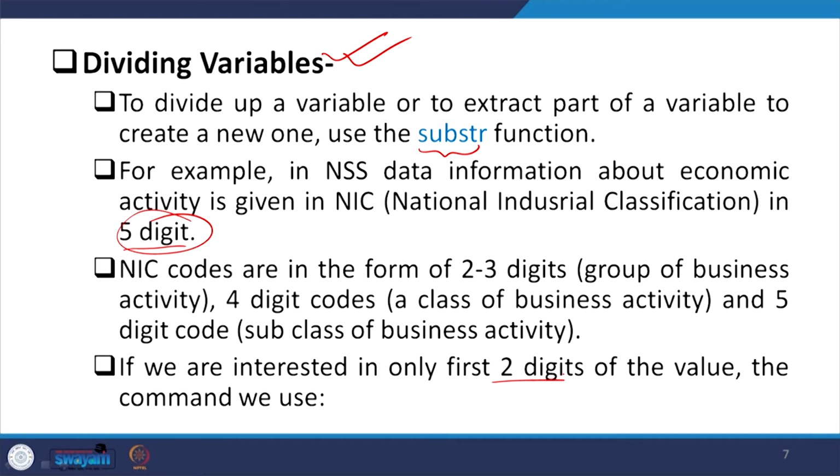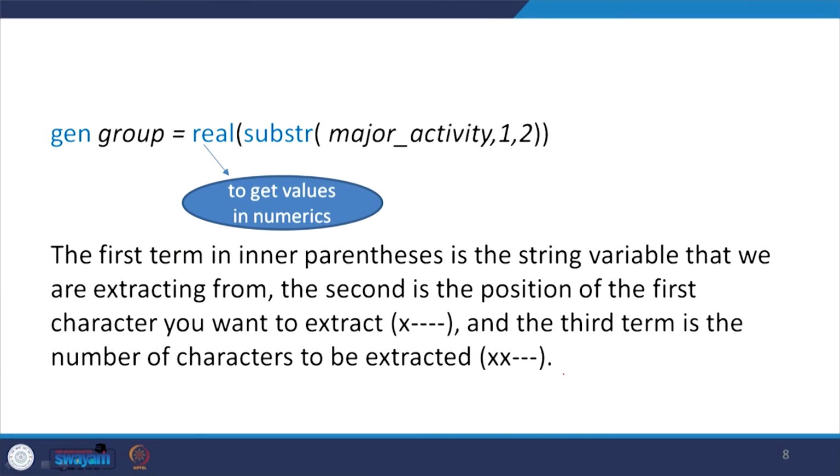So generally, if the first 2 digits are important for you, then you substring that, and as per our command you will get the result. Generate the variable name you define, 2-digit. Now, substring is important.